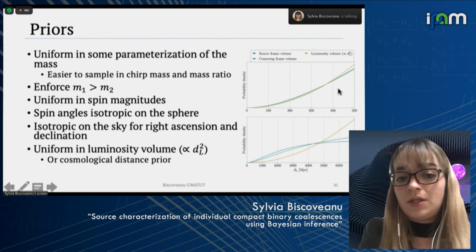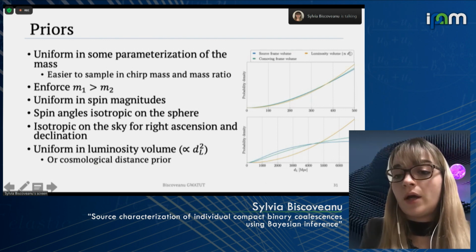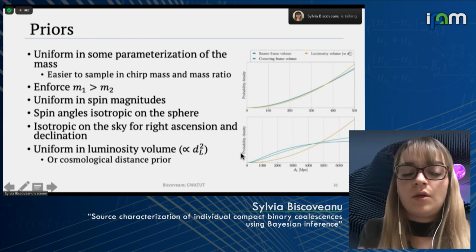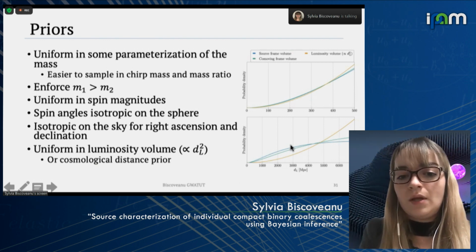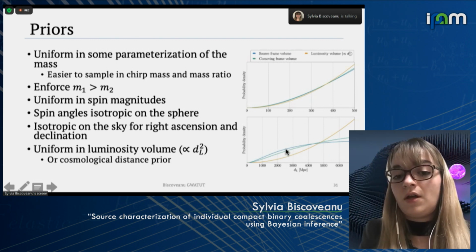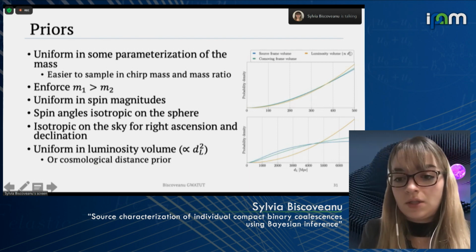And in particular, this uniform in luminosity volume prior puts a lot of prior weight at very far distances. And so you want to choose the prior so that basically you're not spending a lot of time exploring these very, very distant parts of the parameter space if you know your source won't necessarily be there.